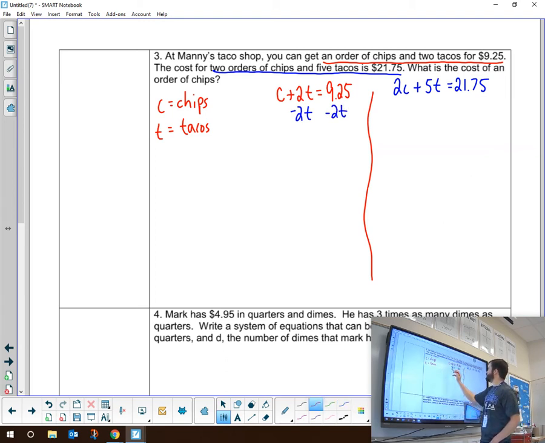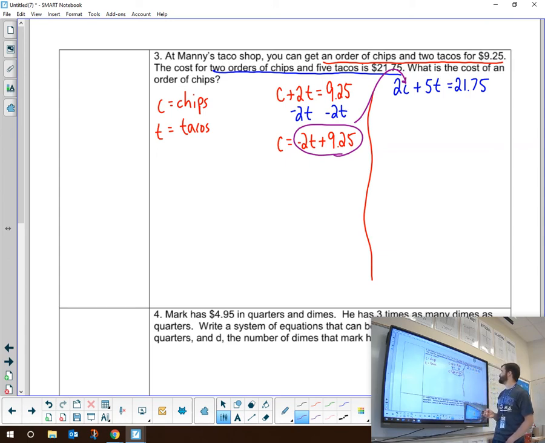It's going to give me c equals -2t plus $9.25. Okay, so now I have that value for c that I can substitute for c over here. We can take this value for c and plug it in for c in my other equation.